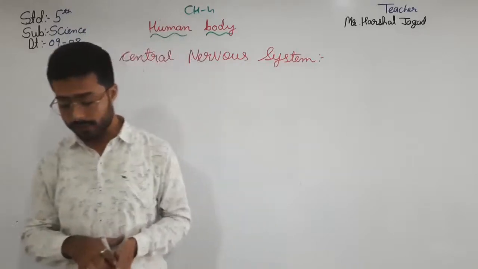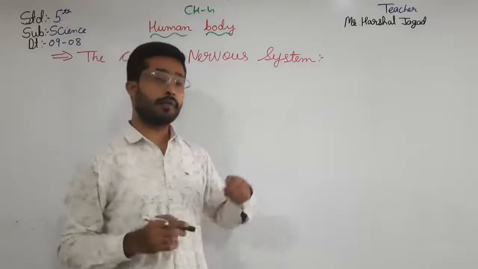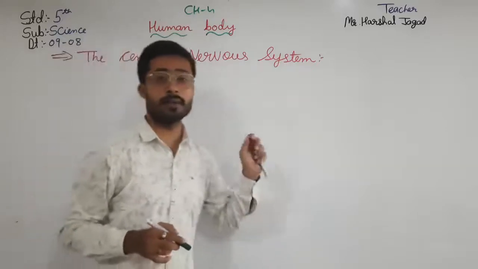So the nervous system consists of the brain, spinal cord and the nerves. Here, what does the nervous system consist of?